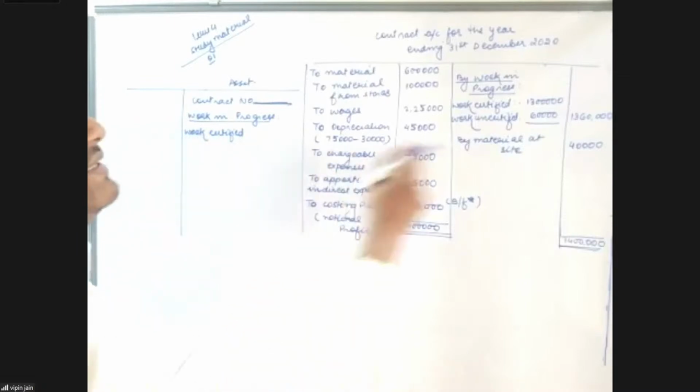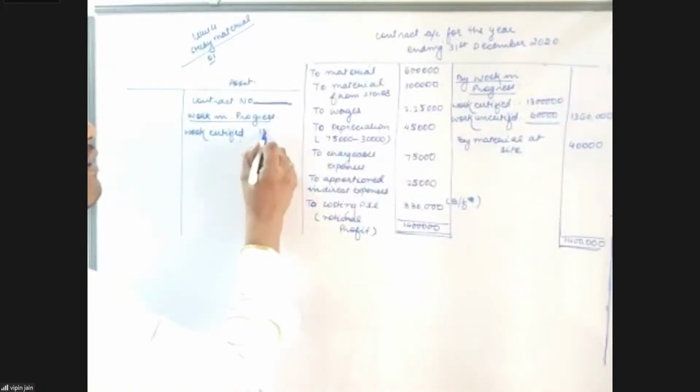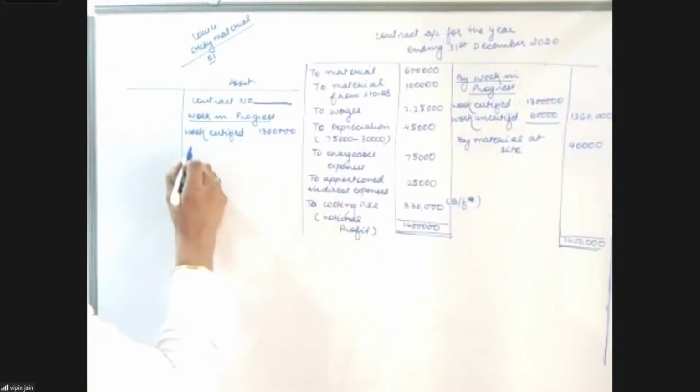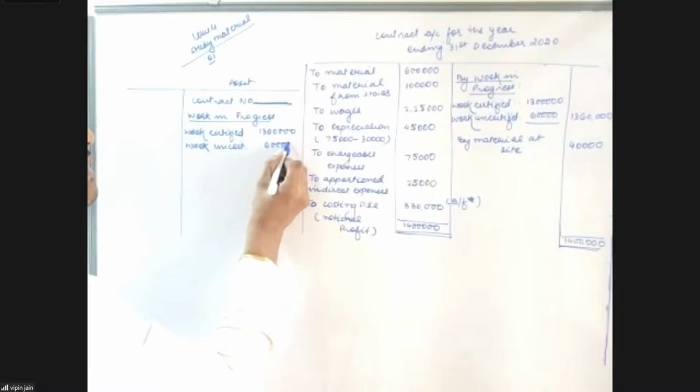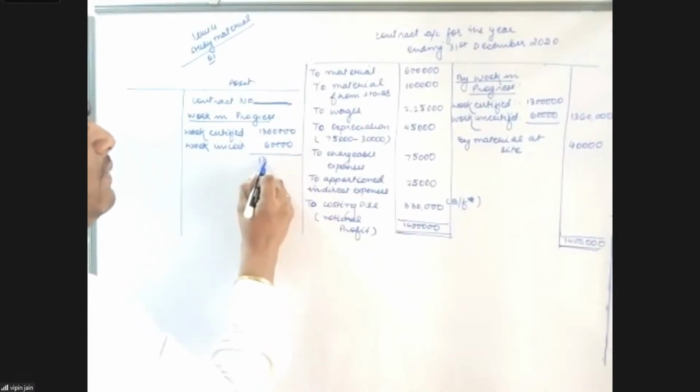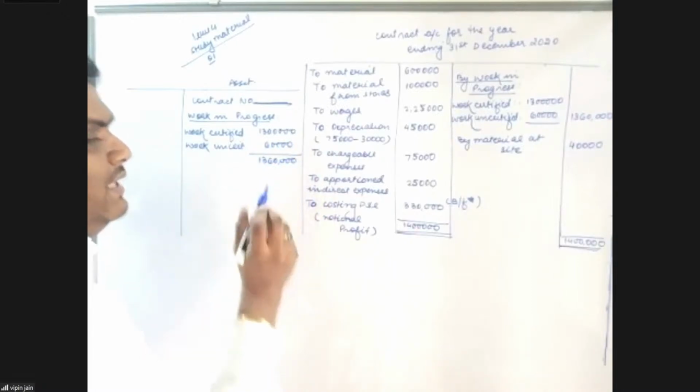My work certified is how much? 13 lakh. Work uncertified, that is 60,000. So the total work completed is 13 lakh 60,000.